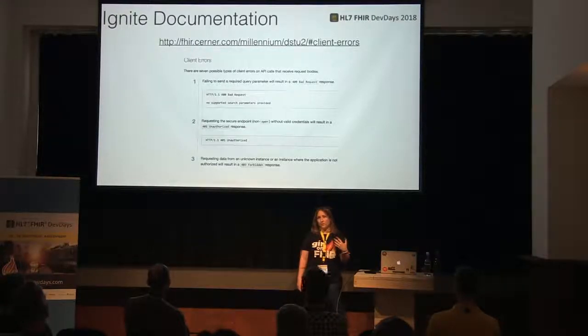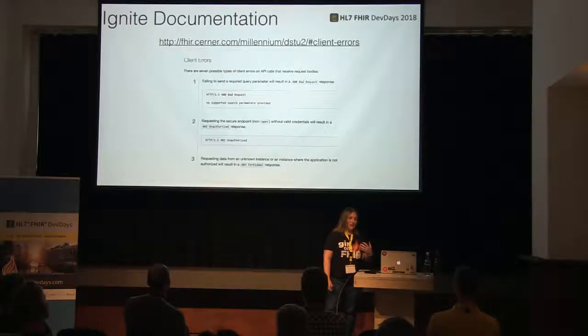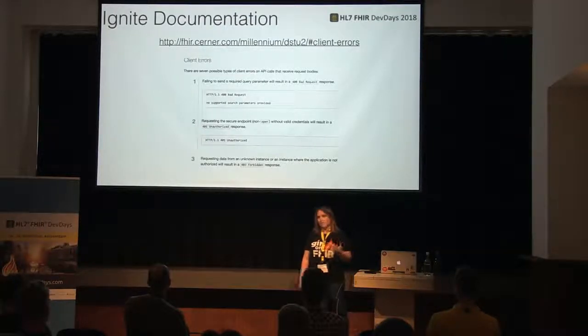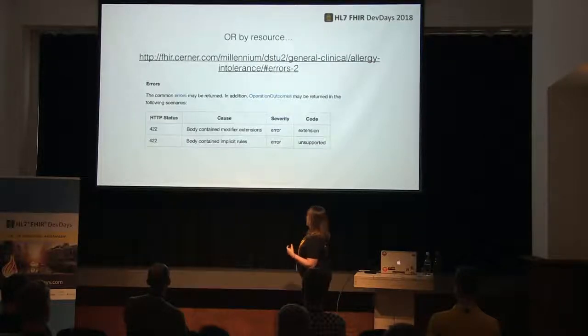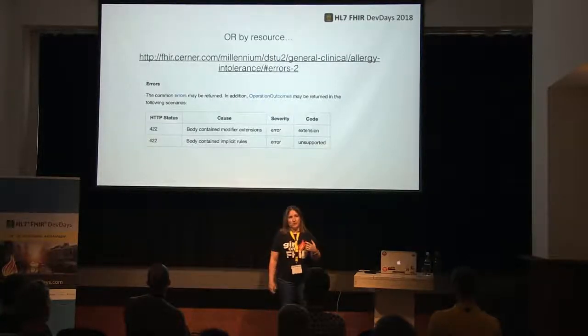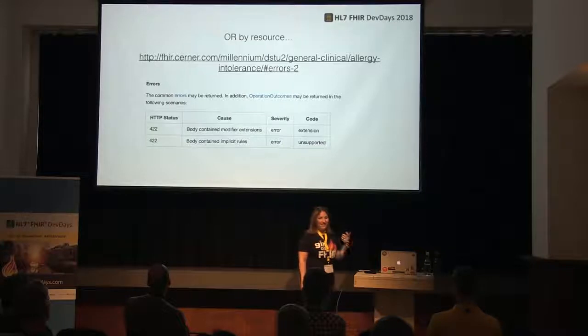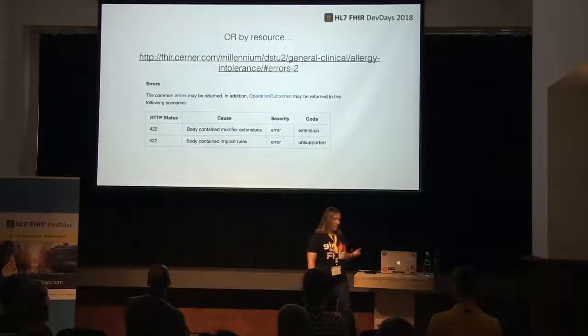So know with the implementation you're looking at where to find documentation. For example, this is Millennium's implementation, and it talks about common client errors on our overview page, as well as on each resource we'll call out specific errors that might be returned in that resource only for special use cases.